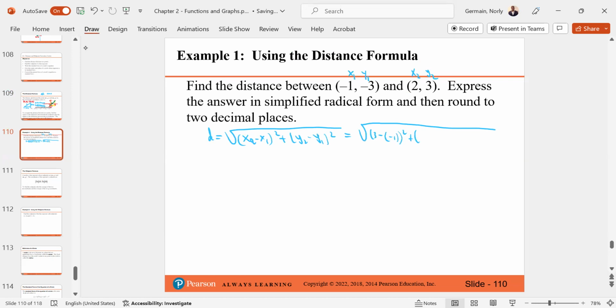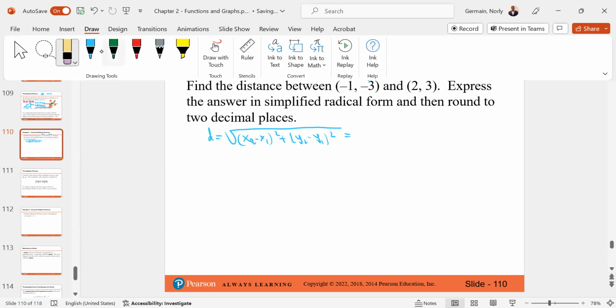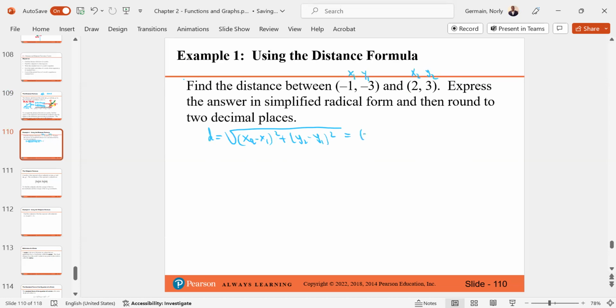No, I made a mistake there. That's not x2. x2 is 2. Okay. We're going to have x2 is 2 minus negative 1 squared plus y2 is 3 minus negative 3 squared.